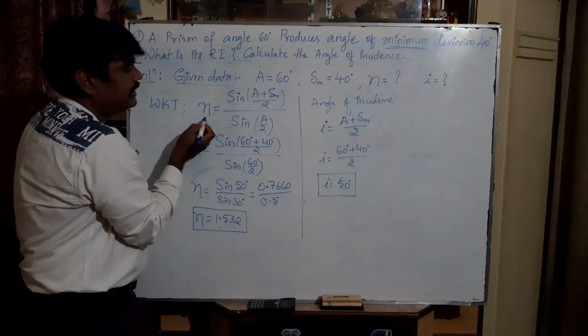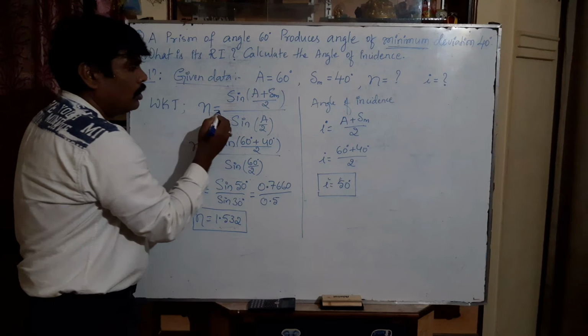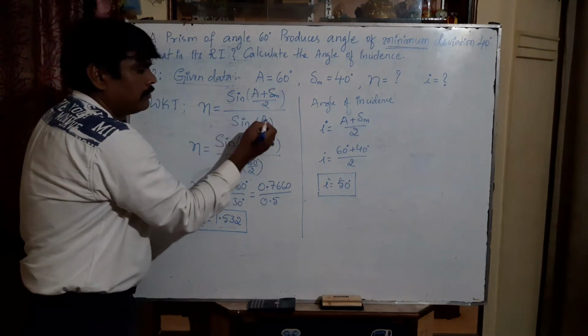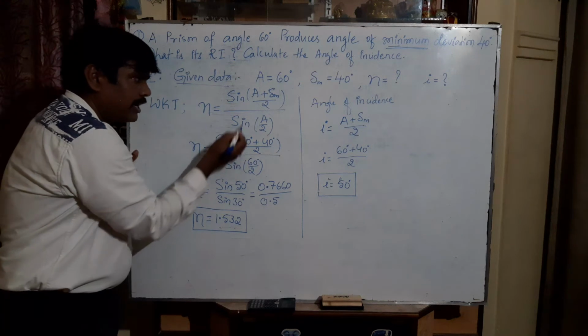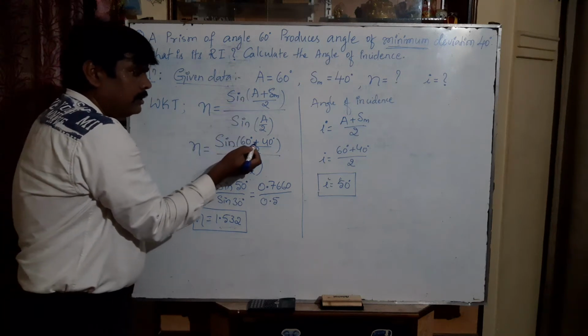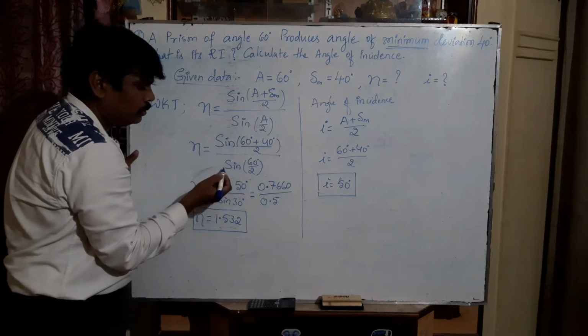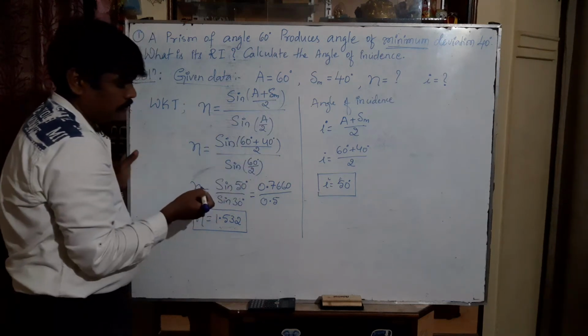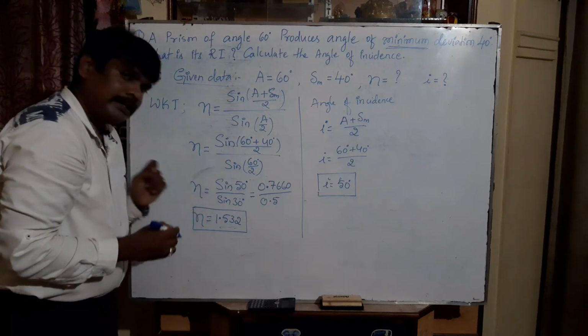Refractive index n is equal to sine of (A plus delta m) divided by 2 whole divided by sine of A by 2. Now in the next part, you have to substitute the given values: 60 degree A, delta m is 40 degree, divided by 2 whole divided by sine of 60 by 2. So then it will become sine 50 degree divided by sine 30 degree.